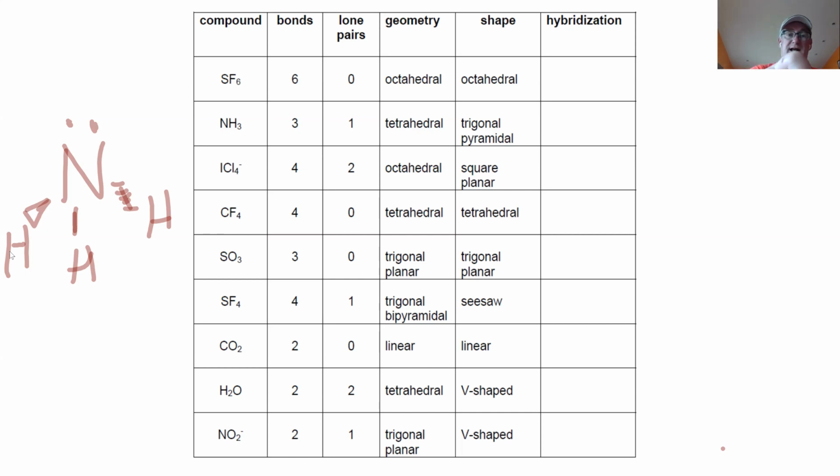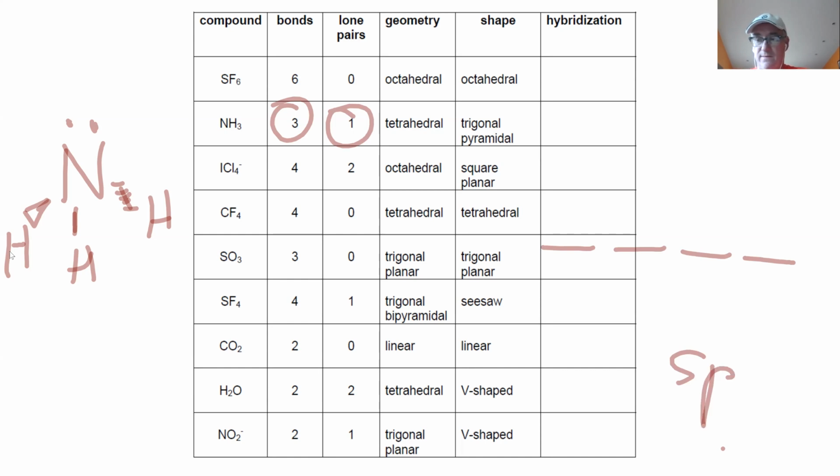You can just count them up. It's got 3 bonds. It's got 1 lone pair. So we need 1, 2, 3, 4 places to put electrons. So what hybridization is that going to be? sp3. That gives us all we need.